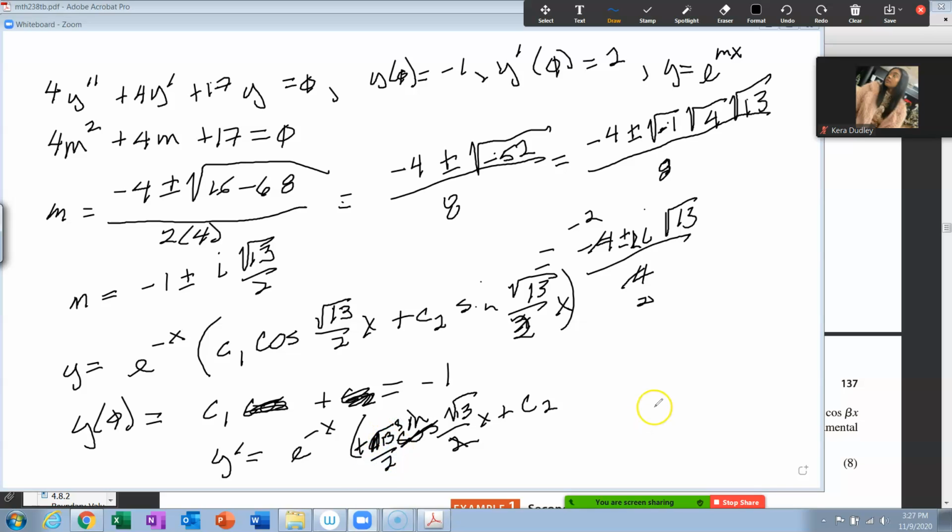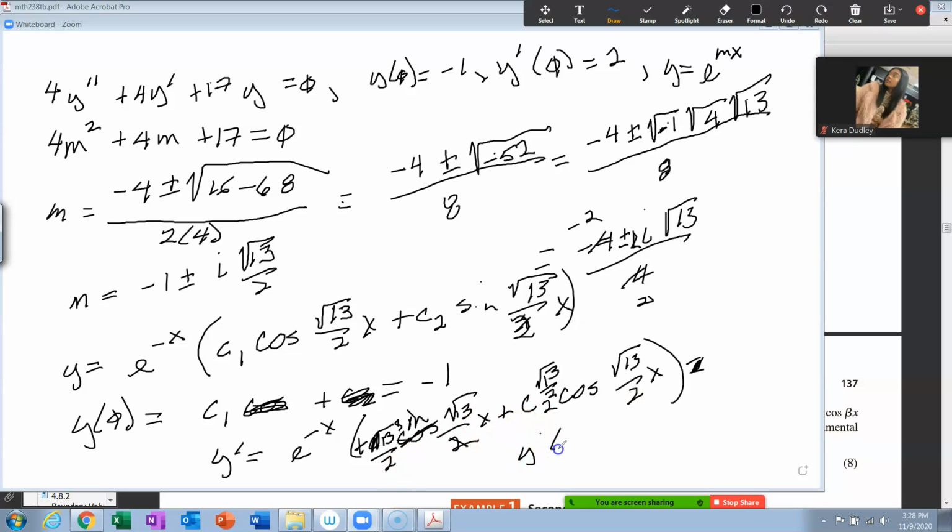This is really getting ugly, isn't it? Plus, okay, c2 times the cosine, taking the derivative of the square root of 13 over 2 x times, and you got to get the square root of 13 over 2 here for the chain rule. Okay, that's your y prime.